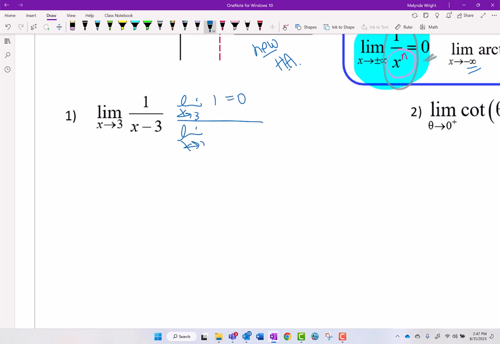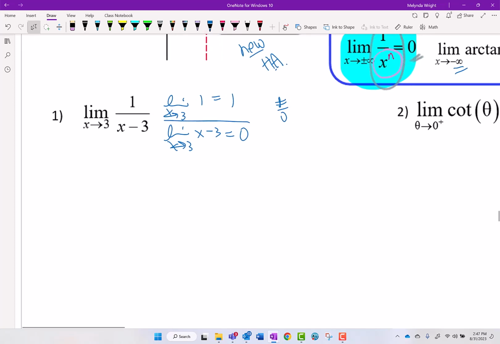Limit as x goes to 3 of x minus 3, so 3 minus 3 is 0. So this is the number over zero business. This means there's a vertical asymptote at x equals 3.